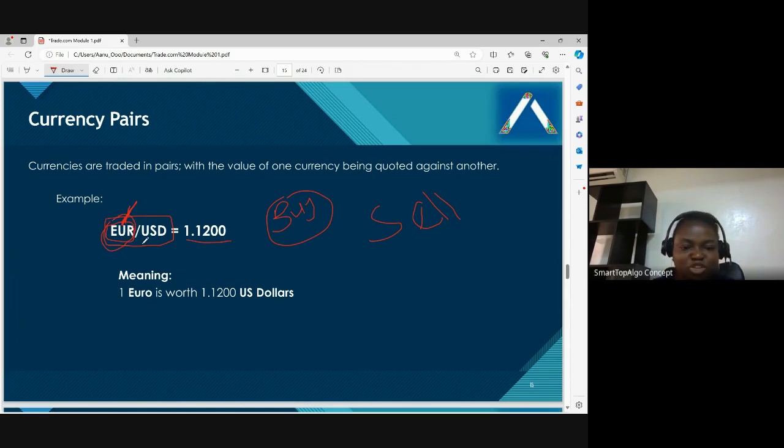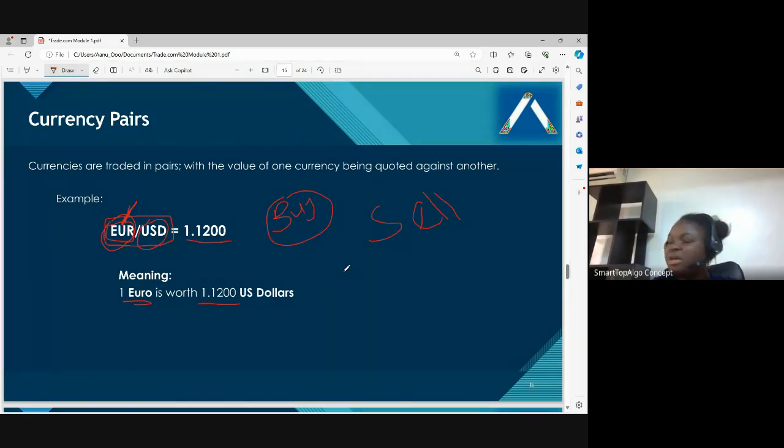So whatever you are doing is always on the first currency. Using this illustration, if I decide to buy 1 unit of euro, the amount it's going to cost me to buy 1 unit of euro is this amount in the second currency.